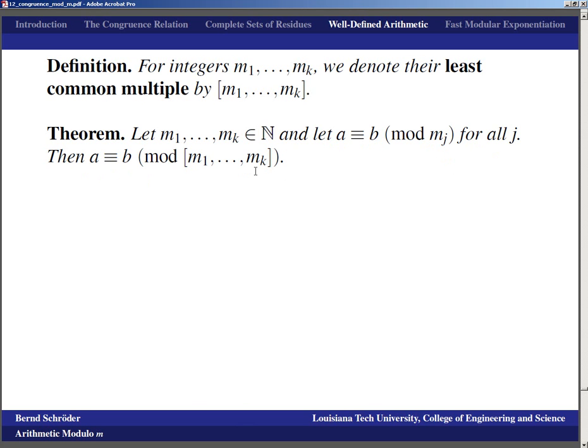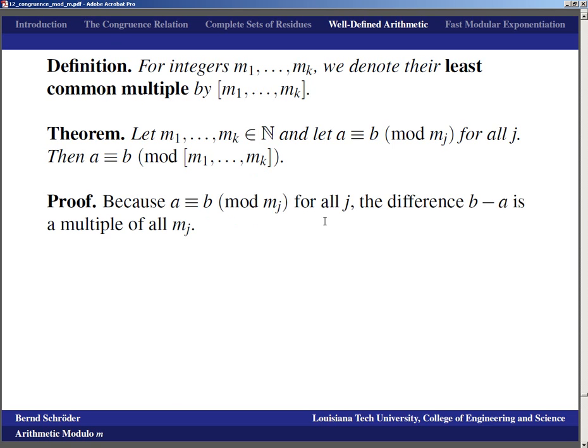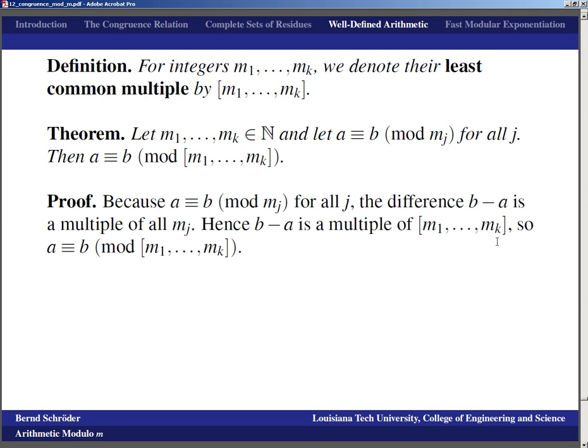That is something that we will actually need for the Chinese remainder theorem, which we'll talk about in the next presentation. As a proof, because a is equivalent to b modulo mj for all j, the difference b minus a must be a multiple of all of those mj, and that means it must be a multiple of their lowest common multiple, and that means a is equivalent to b modulo the lowest common multiple of m1 through mk.